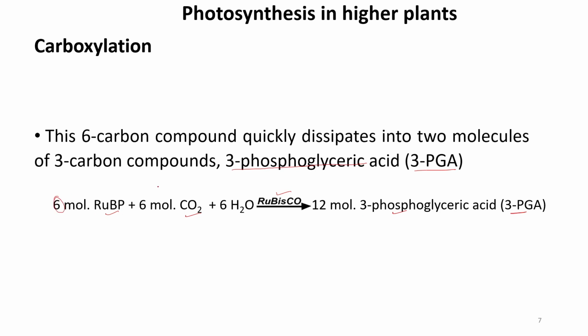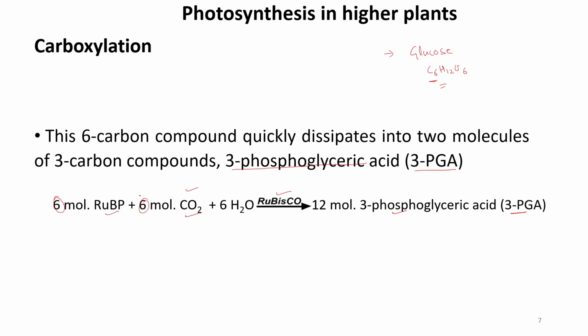Now why have I written 6 here? 6 molecules of RuBP combine with 6 molecules of carbon dioxide. Why? Because in the C3 cycle there is formation of a glucose molecule. And what is glucose? C6H12O6, meaning 6 carbons are involved here. Glucose contains 6 carbons, so 6 carbon dioxide have to be fixed for the formation of 1 molecule of glucose.